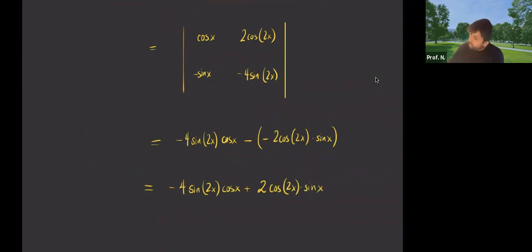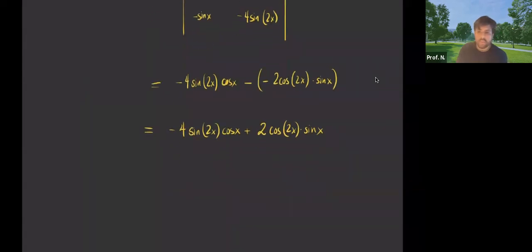And so what we have to do now is to determine whether or not this equals 0. Is there a point in time when this doesn't equal 0? So that's the idea. Does this equal 0?